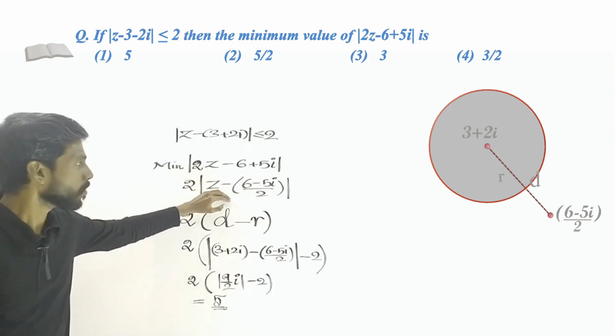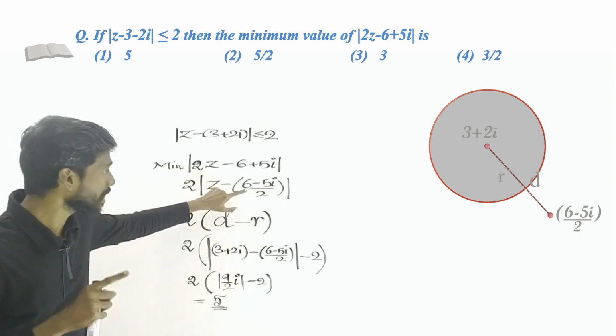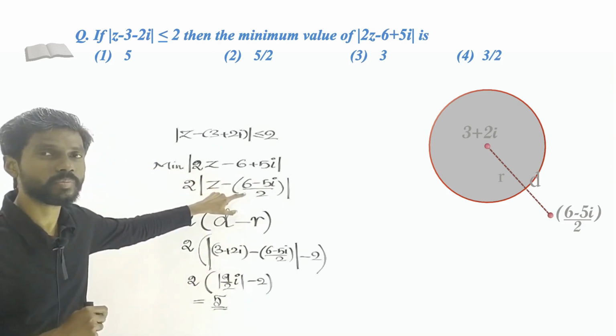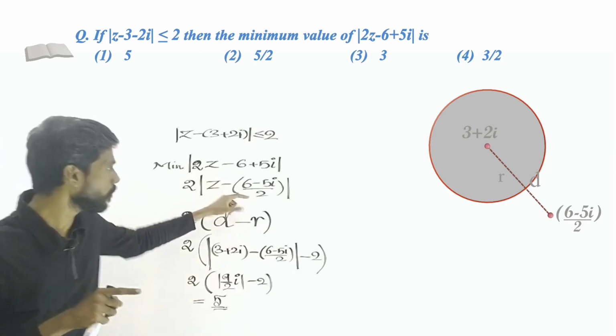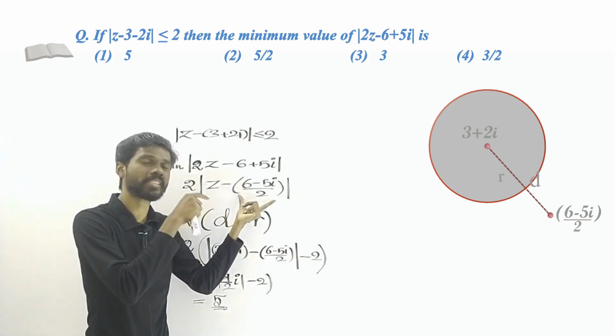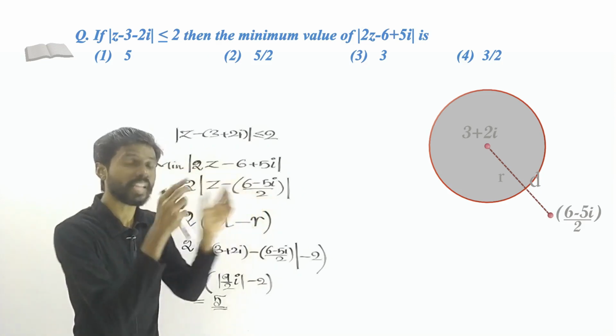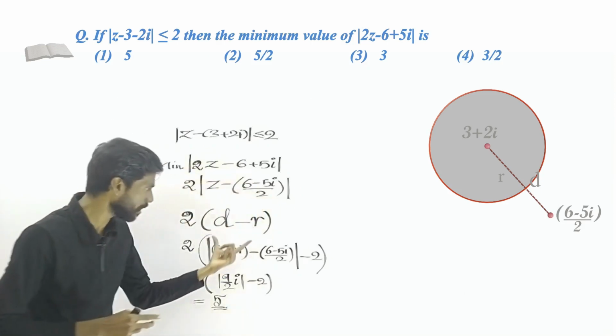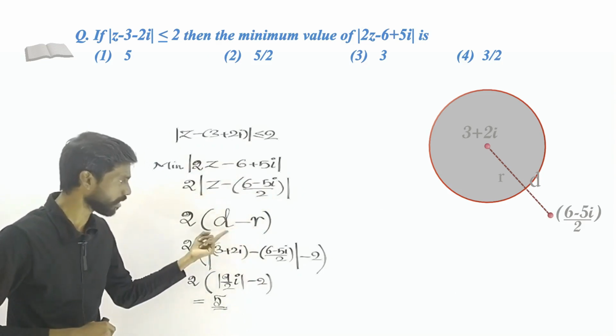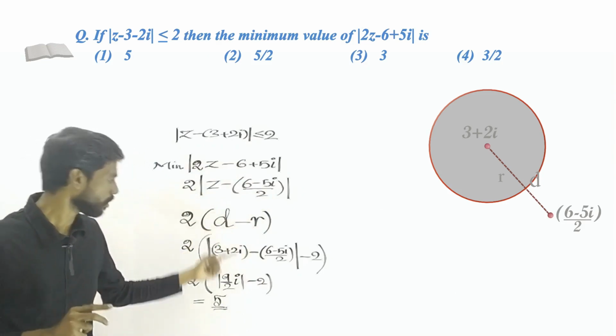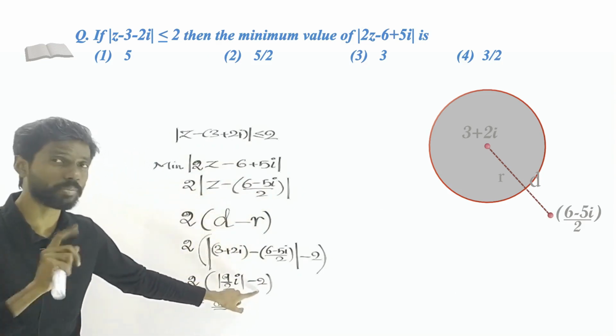Now what do you do? Is this point inside or outside? How will you know? You have to check. When will this point be inside the circle? When the distance between that point and the center is less than the radius. That means this value becomes negative. Here, 9 by 2 minus 2 is positive, right?